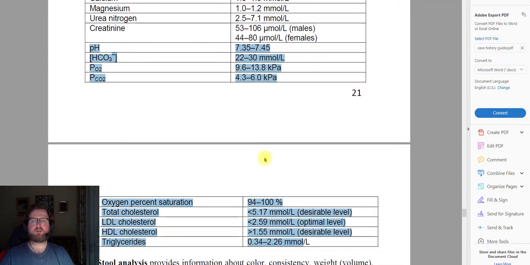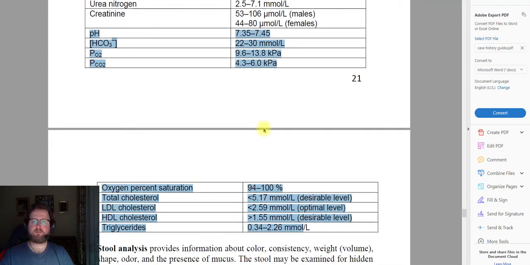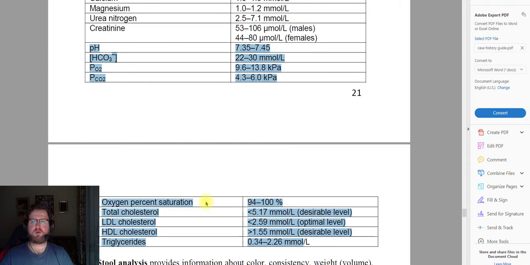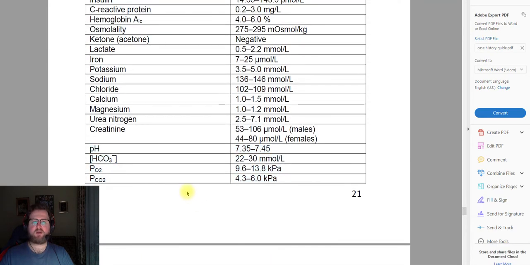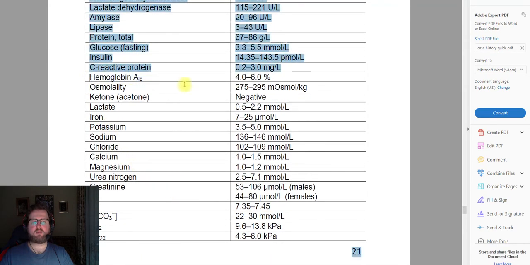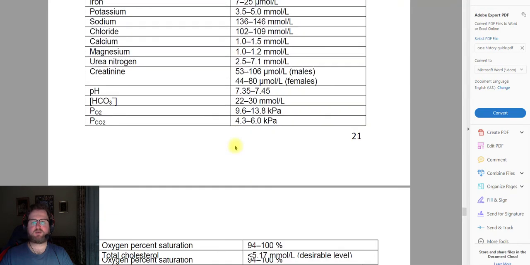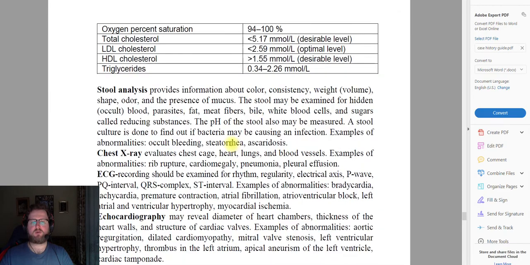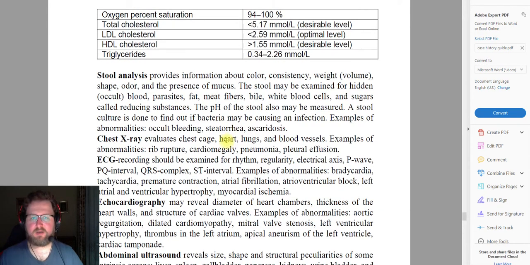You may not use that in your academic case history, because that's related to some other diseases. Same goes for hemoglobin A1C, insulin. This is a draft for diabetes mellitus case history, so that's not what you really need in surgery.